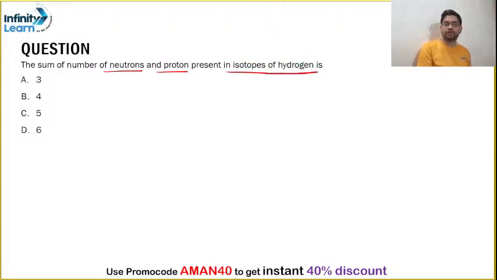Now, the sum of the number of neutrons and protons present in isotopes of hydrogen. Let us go in a tabular form. Hydrogen 1 has 0 neutrons, 1 proton.